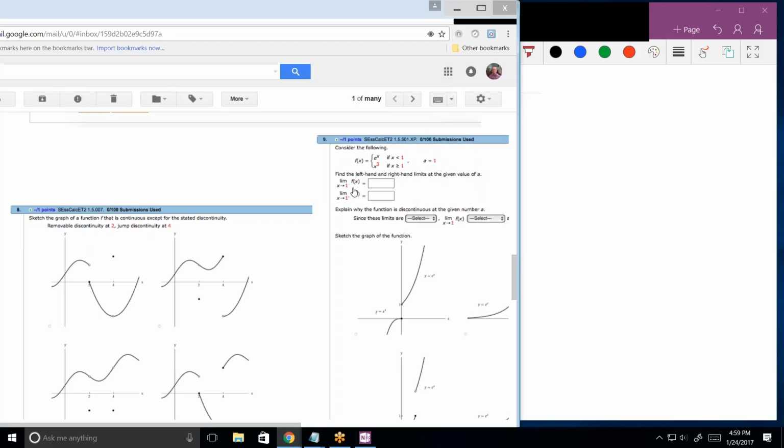I'm going to use the top function when I'm approaching from the left, because it's only equal to e to the x when x is less than 1. So if I'm approaching it from the left, I'm on the e to the x function. Where is it headed? When x is 1, it's headed to e to the 1.